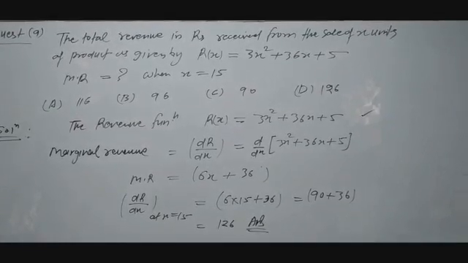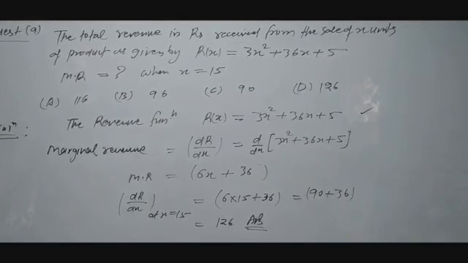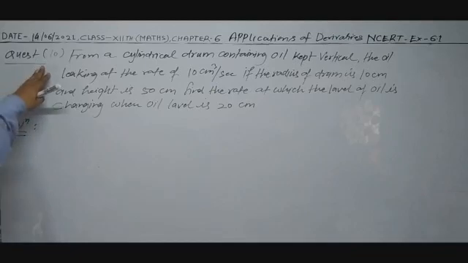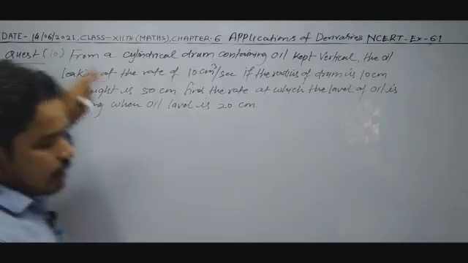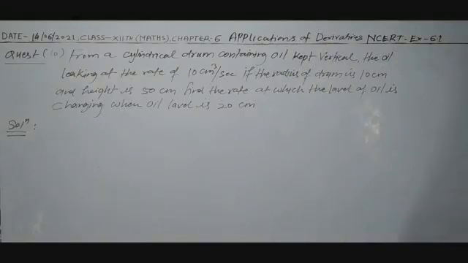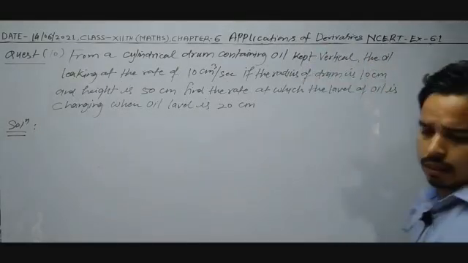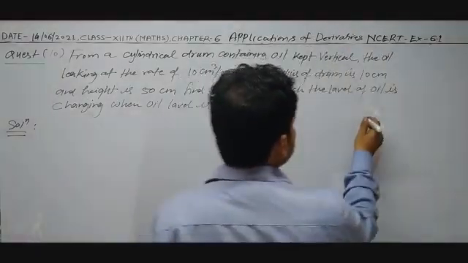So now come to the next question. Question number 10 is, from a cylindrical drum containing oil, vertical. Suppose this is the cylindrical drum.